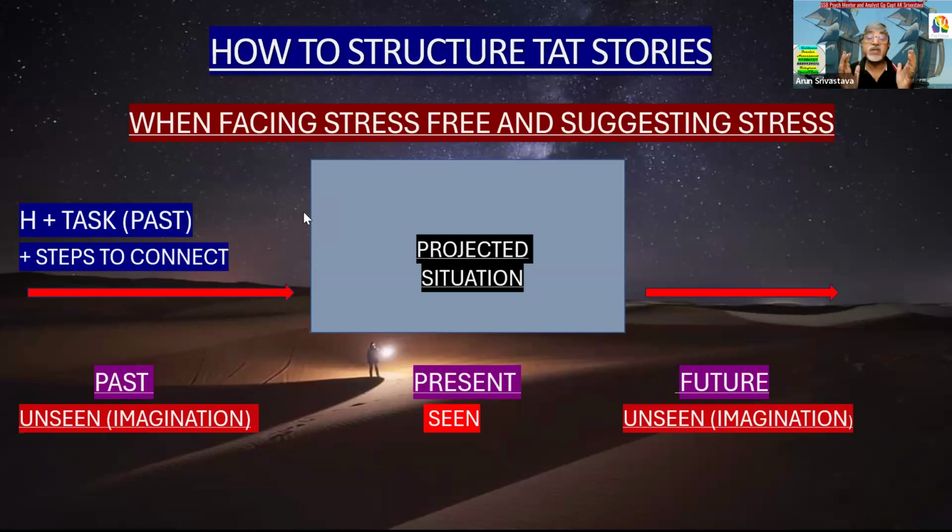What is the present situation then? The present situation shows that some action is on as per the hero's strategy to achieve that task. So there is a continuity of the past and the present, and this will go on in the future till the time the task is achieved.